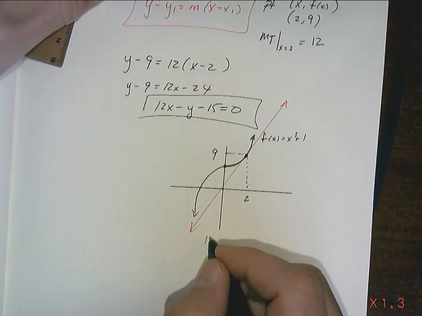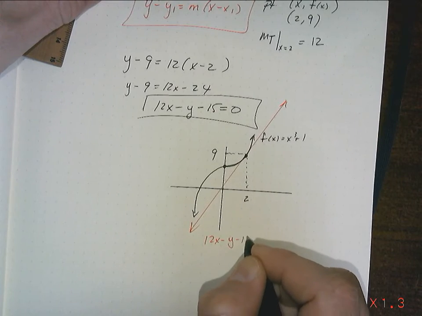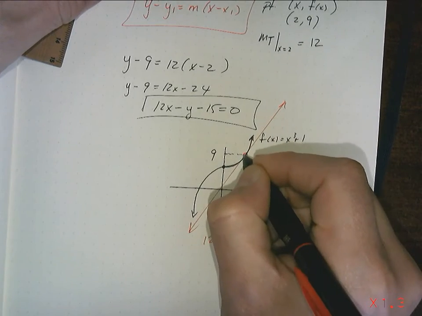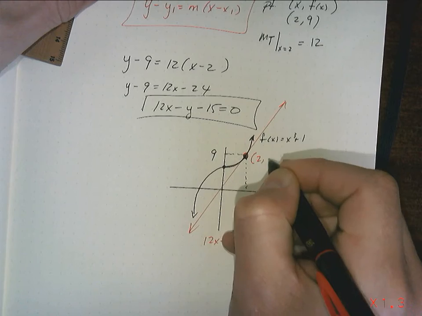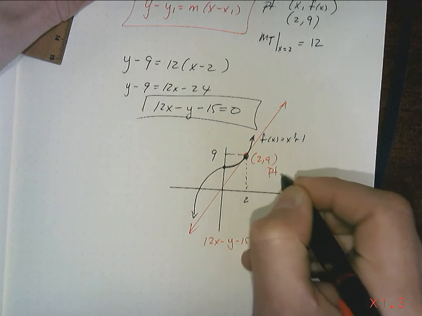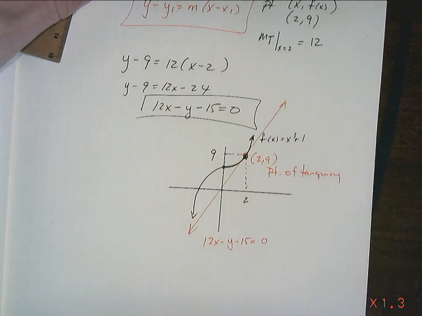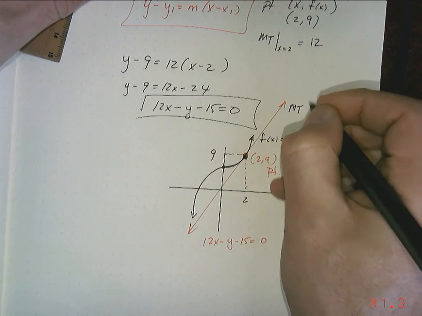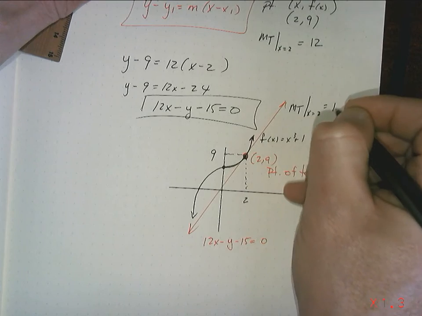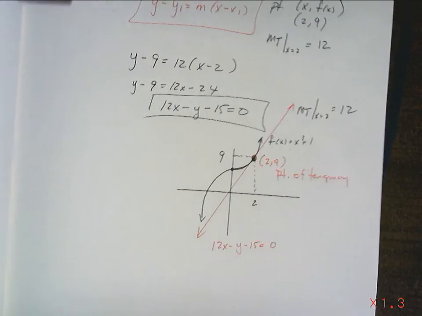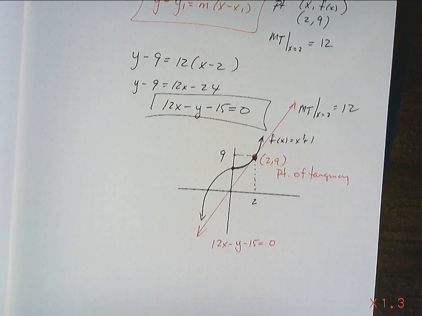This line is 12x minus y minus 15 equals 0. Notice the point that's shared is 2 comma 9. I call that the point of tangency. And the slope of this puppy is 12. I think you're finally starting to see what's going on. So I'm going to pause there.